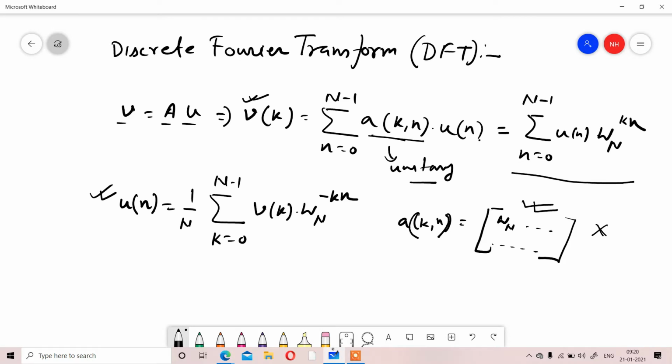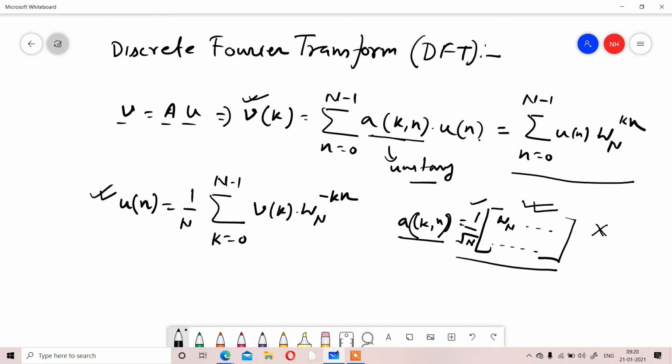So to make that matrix unitary, what we need to do is multiply it by 1 by root N. With that extra term 1 by root N, A K n becomes the unitary matrix.